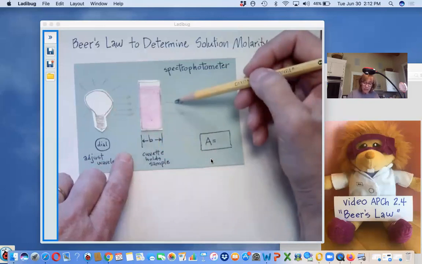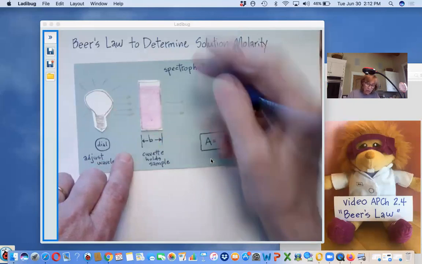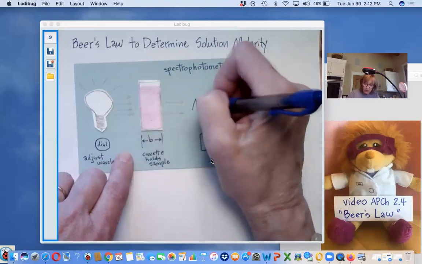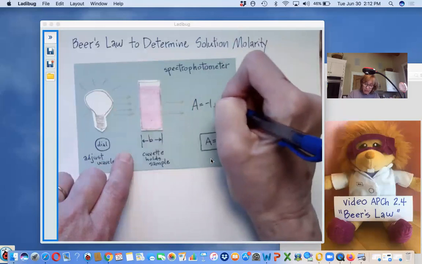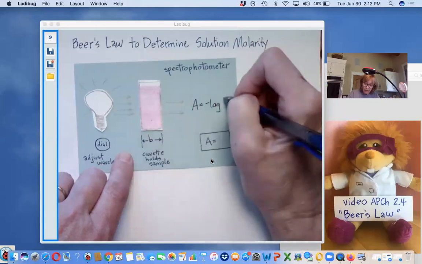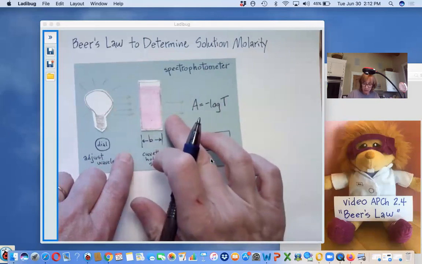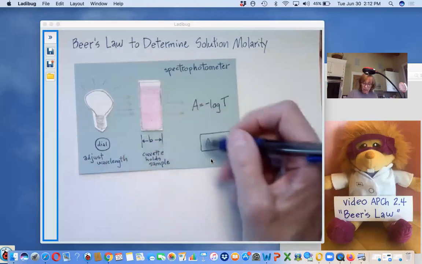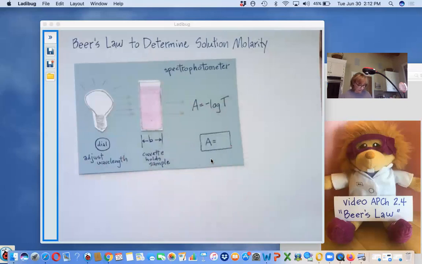Now the machine measures how much gets transmitted through, and then it converts that into how much light got absorbed using this relationship. Absorbance is equal to the negative logarithm of the transmittance. So the transmittance can be measured, and then the absorbance is calculated. And then there's a spot on the outside of the machine that would tell you that absorbance.